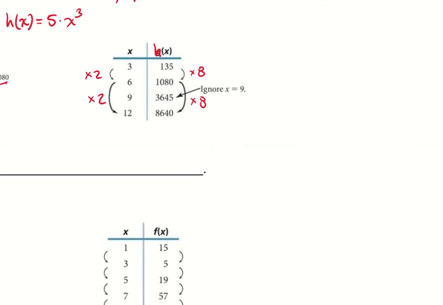Like we see 3 and 9 in this table. Three, 6, 9, 12, 135, 1080, 36, 45, 8640.